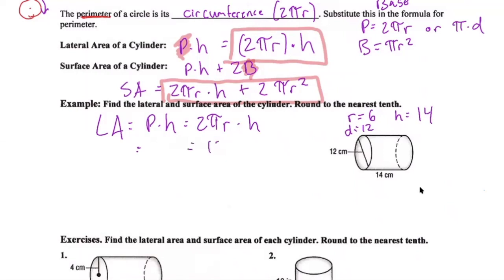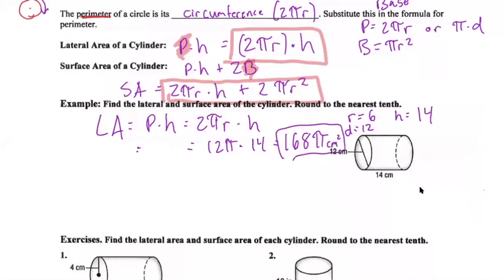And it's going to be 12 pi times h, which is 14, which equals 168, I think. I forgot I had my key next to me. Yeah, it's 168 pi. Don't forget the pi.